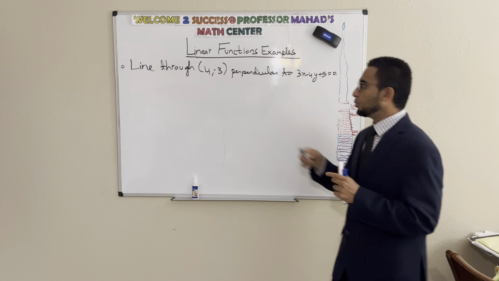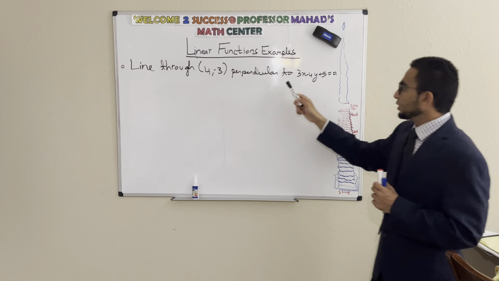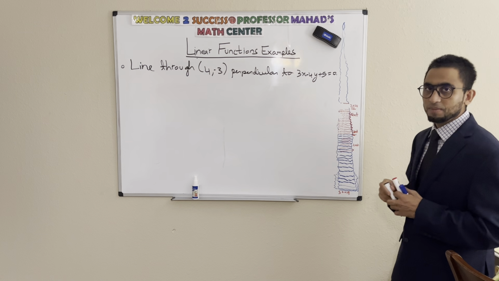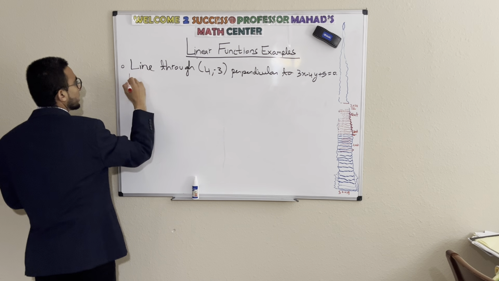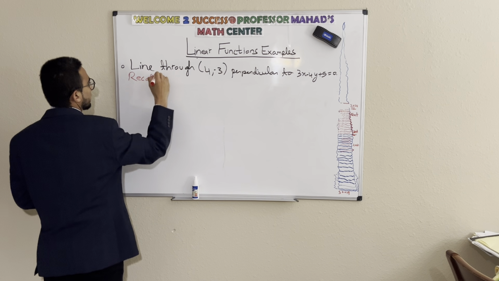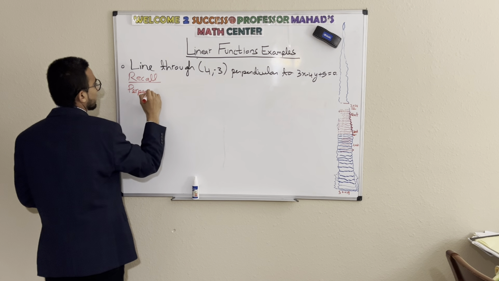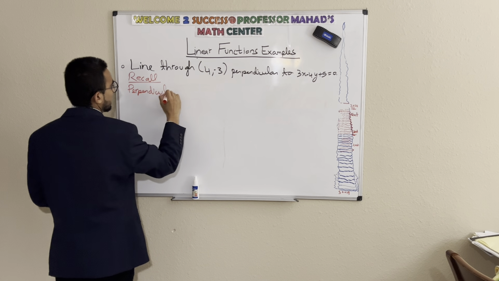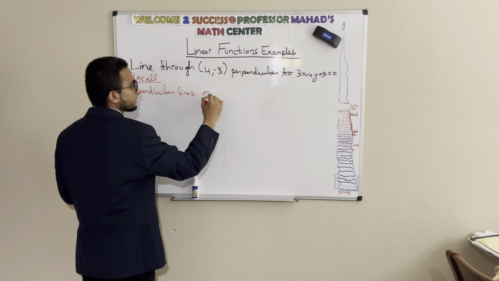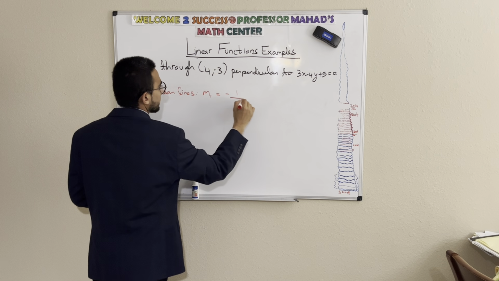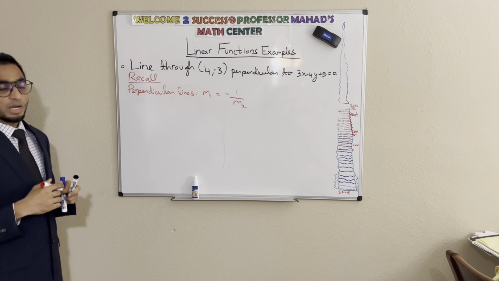Again, they have given a point on a line, and this line passing through this point is perpendicular to this line. Now, what was the relationship of the gradients? So, recall. Perpendicular lines, the gradient of one line is, you guys remember this?